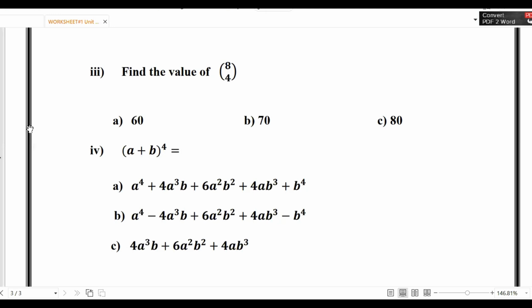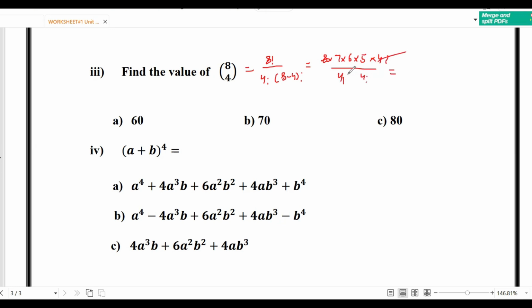Next one, part number 3, you can solve even with the calculator as well. Look, there are two ways. One we already learned at the start of this video, which gives us 8 factorial over 4 factorial times (8 minus 4) factorial.